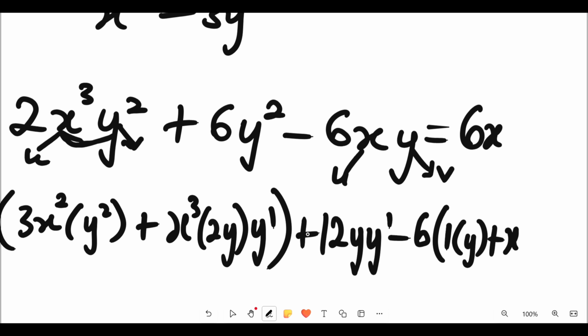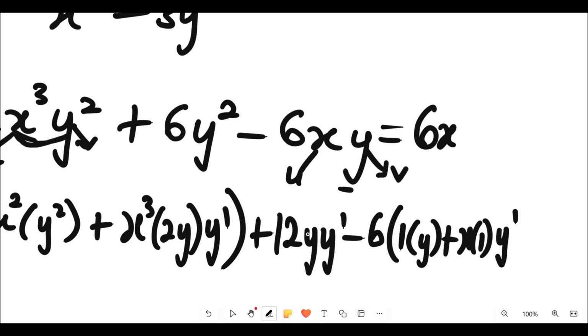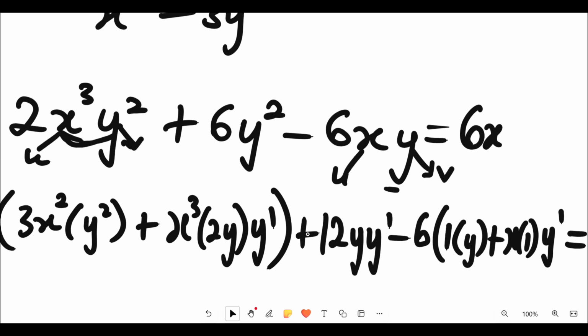Then you maintain your x, which is the u, and you differentiate your v, so we differentiate y. That will be 1, multiplying y prime. Then that will be equal to the derivative of 6x, which is 6.